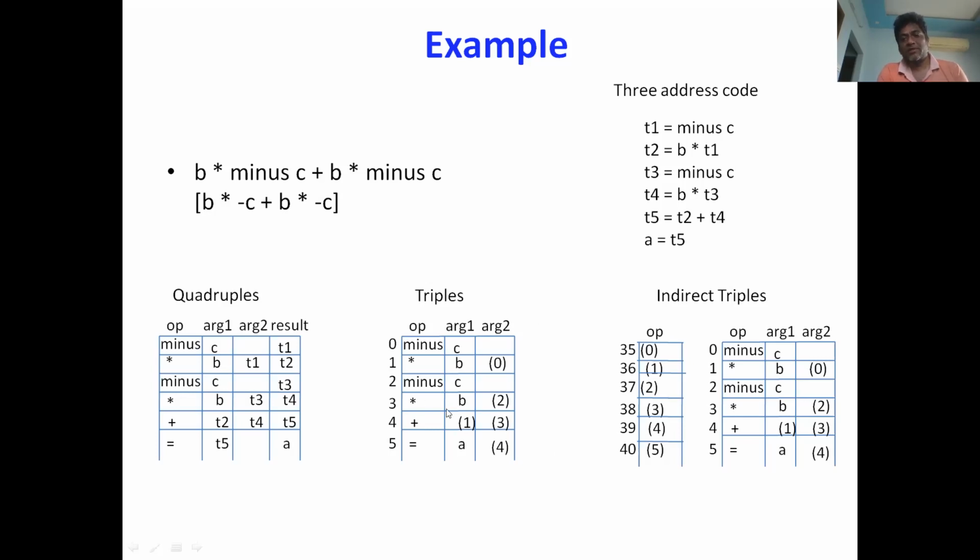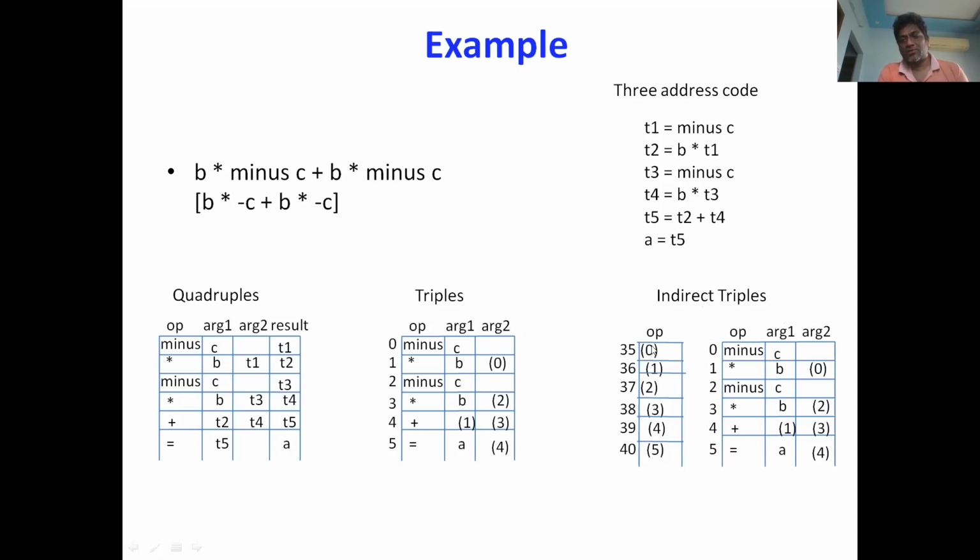And if you understand triples, indirect triples are very easy to understand. It is going to be the same as triples. The representation is going to be the same, and in addition to this triple representation, we maintain all these indexes as a separate list of pointers like this.